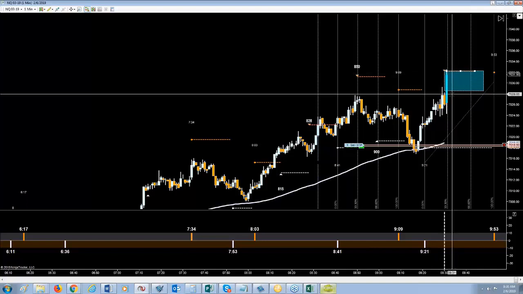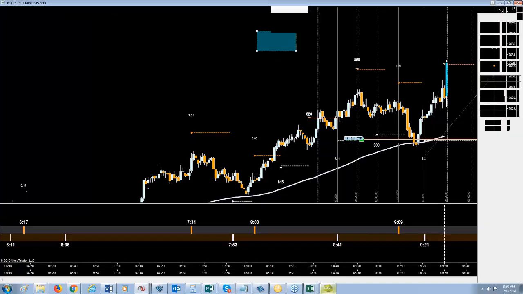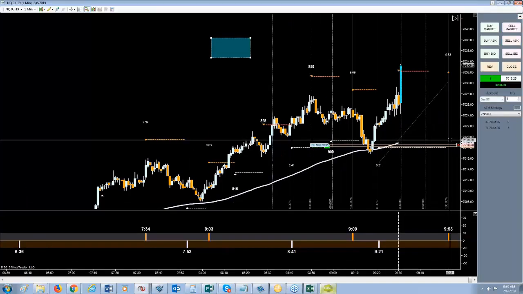And we just punctured it. So presently on the NQ, we're up $300.